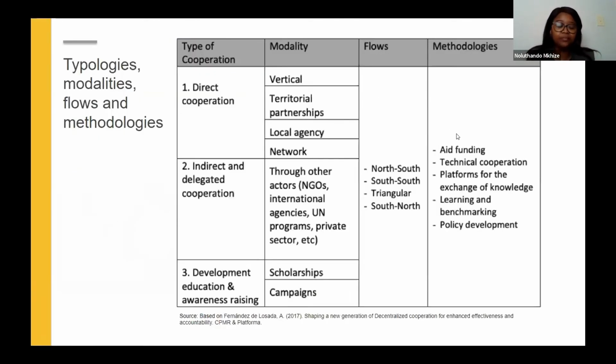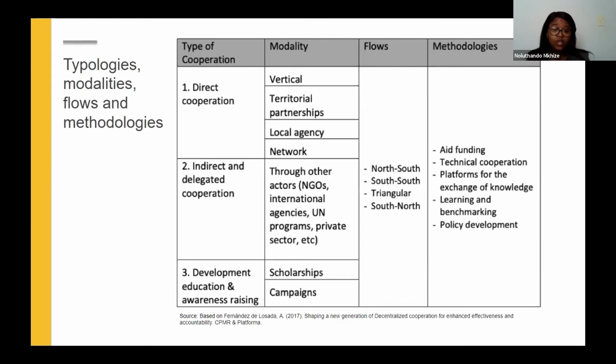Okay, so as a point of departure, it's helpful to note that over time, the nature of decentralized cooperation has changed. Previously, it was known as the transfer of aid from the north to the south, and it was known as vertical partnerships. And today, it involves a complex variety of horizontal partnerships reflected in Agenda 2030's principle of universality.